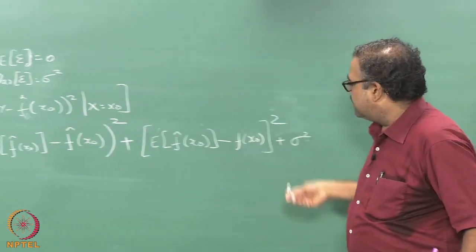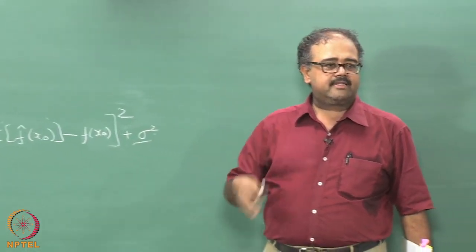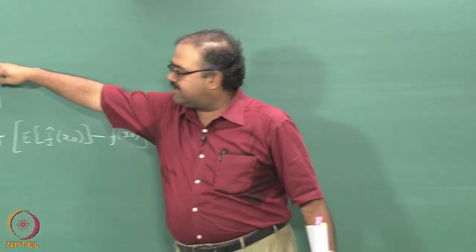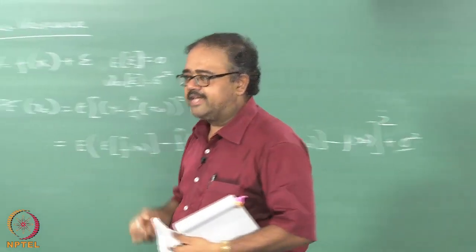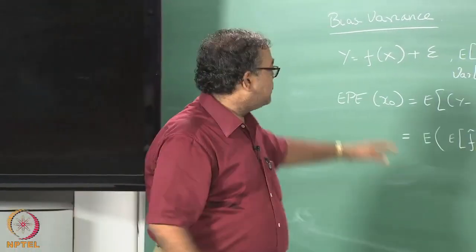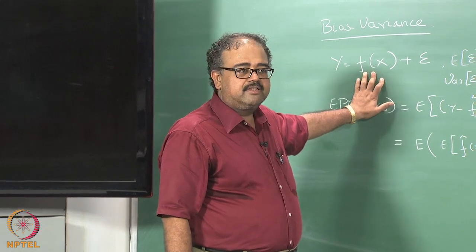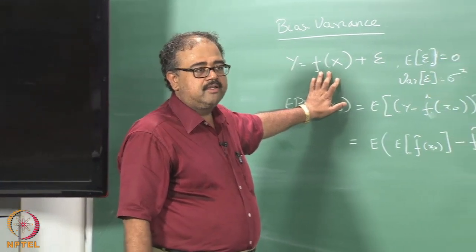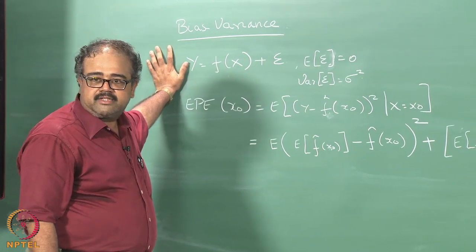It is f of x naught. And then there is an underlying error sigma squared that comes from the fact that y has a variance of sigma squared. If I am going to make any single prediction, even if my output is f of x, there will be an expected error of sigma squared because my y has that noise in it. Okay. Does it make sense?